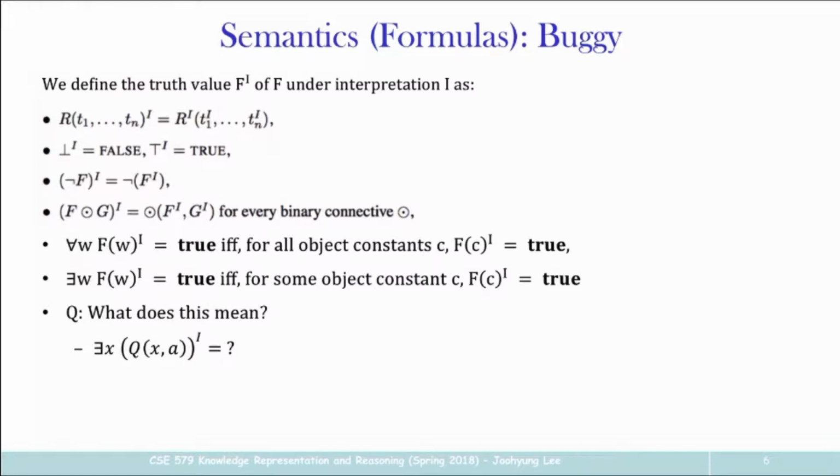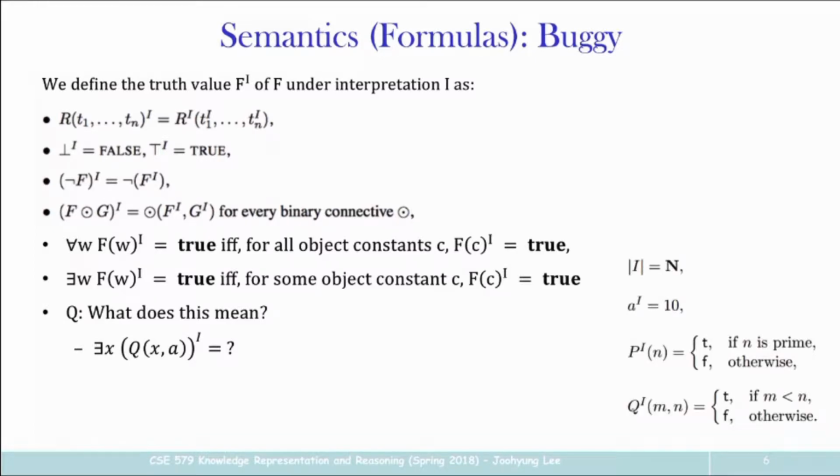So let's try to evaluate this formula now: exists x, q of x, a, under I. Let's recall the same interpretation that we looked at before. According to the definition we are given, instead of w we have x, so x is the variable that we quantify over.